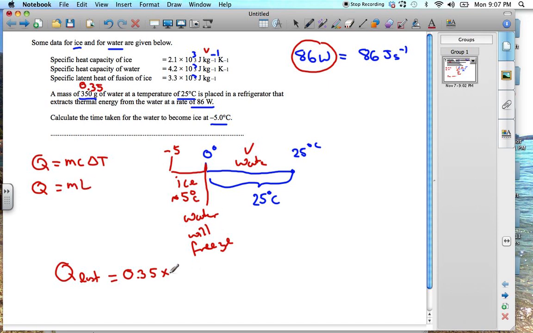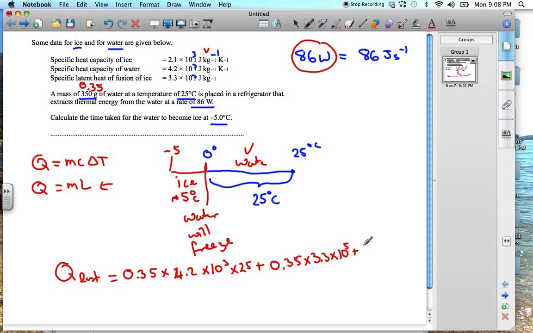So firstly, the Q loss for the water is 0.35 times the specific heat capacity of water, which is 4.2 times 10 to the 3 times 25 degrees, plus now we're going to have the energy lost when it freezes. So we're looking at that part. That's going to be the mass, 0.35, using this formula over here, times the specific latent heat of fusion, which is 3.3 times 10 to the 5.